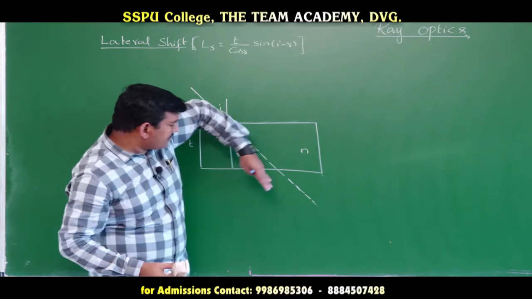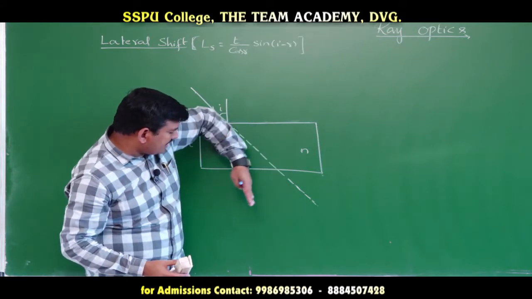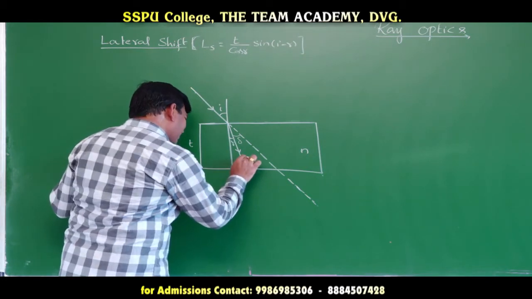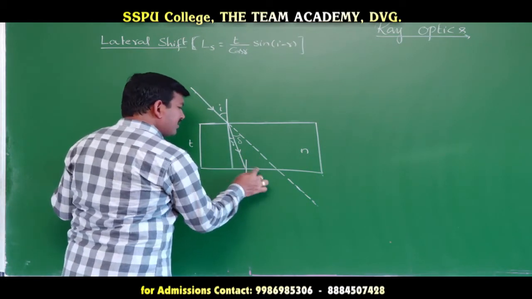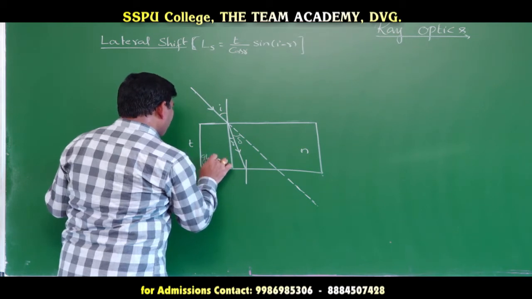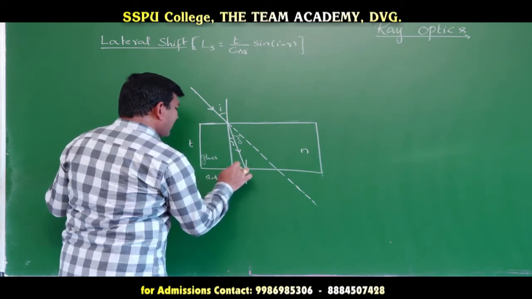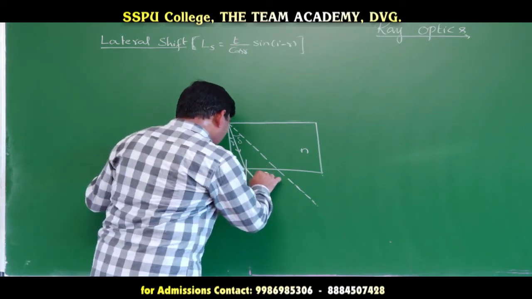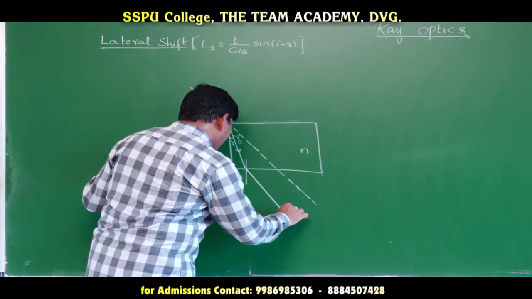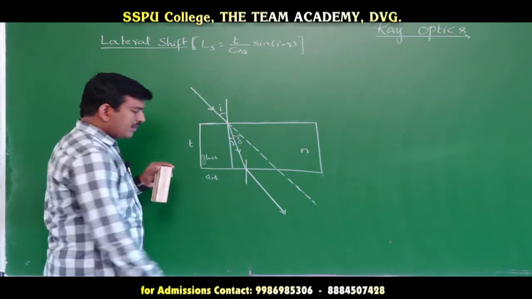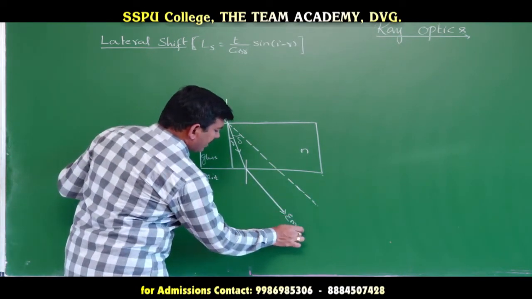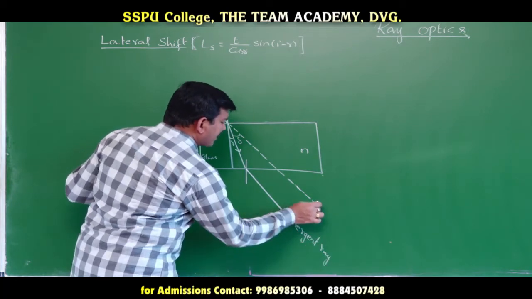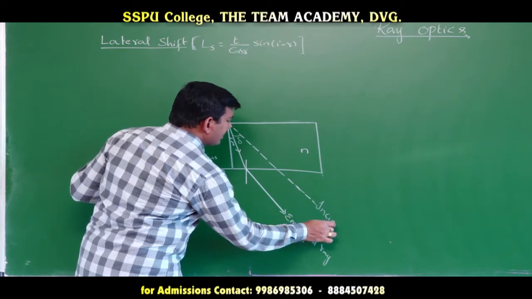Then the light ray travels from denser medium to rarer medium, from glass to air, so it bends away from the normal, and the emergent ray is parallel to the incident ray direction.